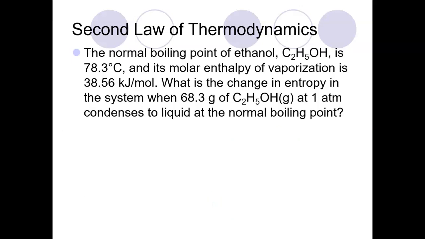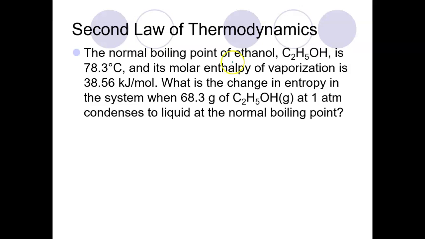So we're going to jump into a math problem here. We're going to read the question, and then we're going to give this a shot. So the normal boiling point of ethanol is 78.3 degrees Celsius, and its molar enthalpy. So enthalpy is, think about it, is it delta H or is it delta S?